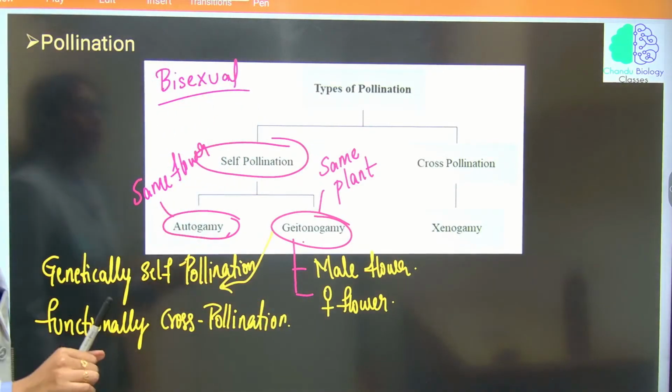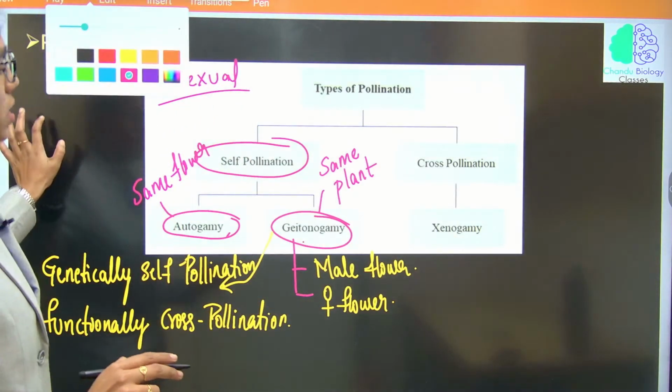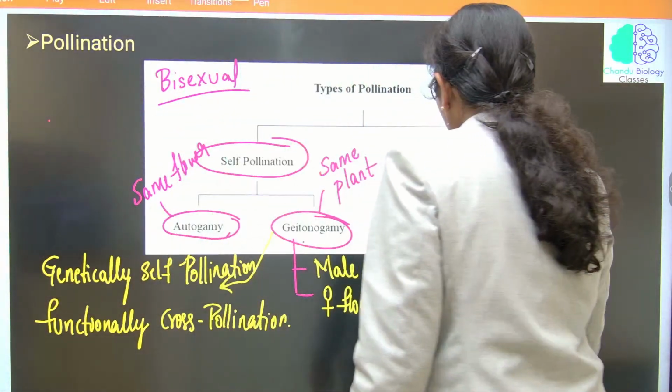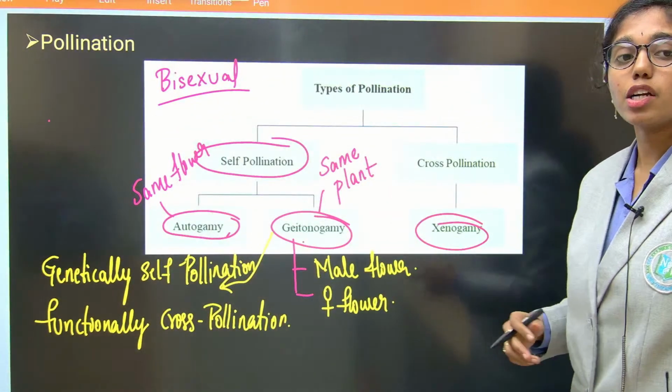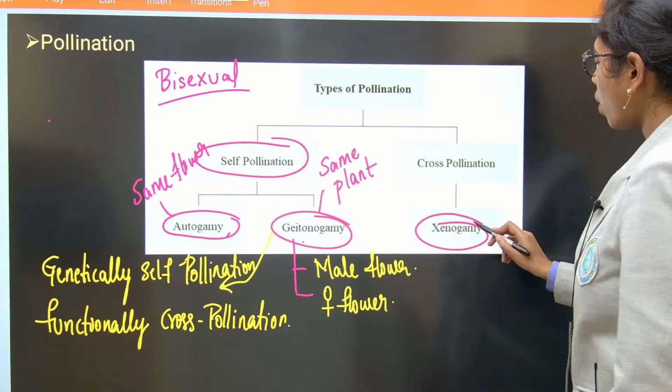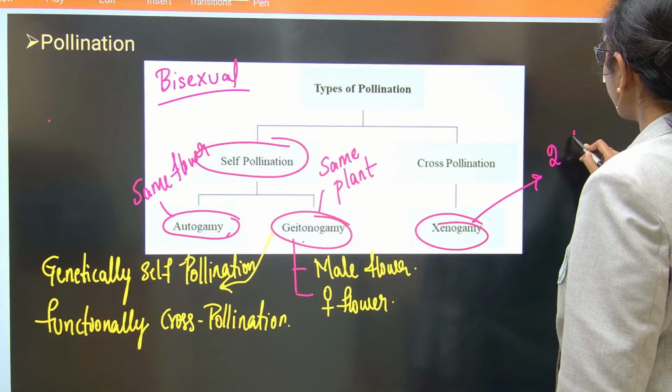And then comes the concept of xenogamy. Xenogamy is pollination between two different flowers of two different plants.